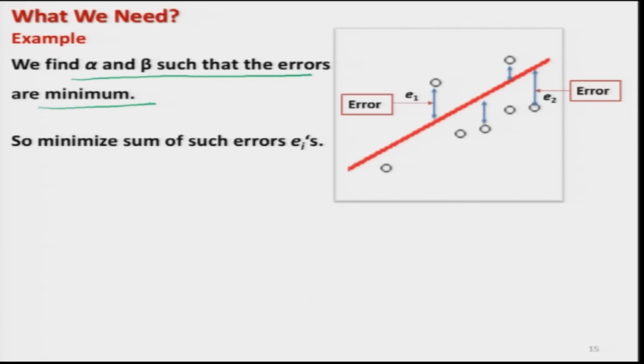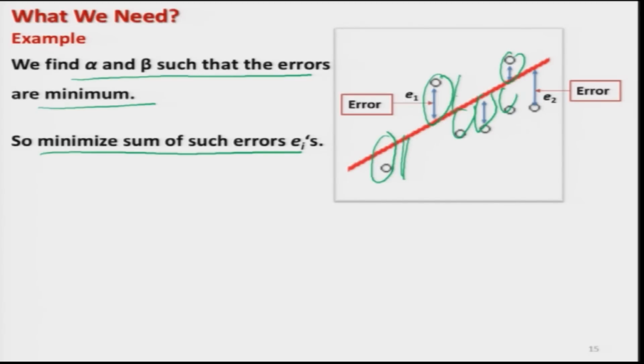You can see that these errors happen in each and every observation, here, here, here, and so on. So now the question is how to compile all these errors, so that by minimizing that quantity I can find the values of alpha and beta. One objective is to minimize the sum of such errors.